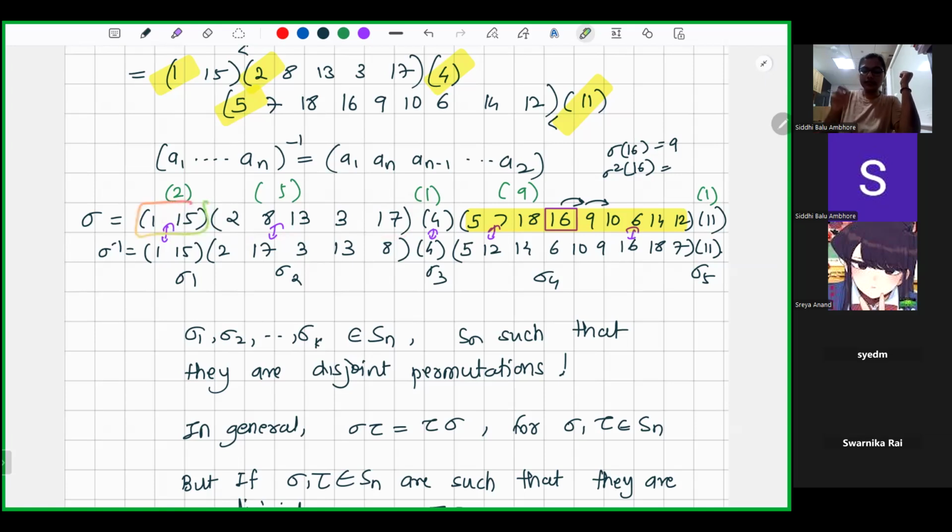And when we look at the inverse of a given permutation, the cycle structure does not change. So the signature of a given permutation remains the same when we look at its inverse. Okay, I hope that's clear.